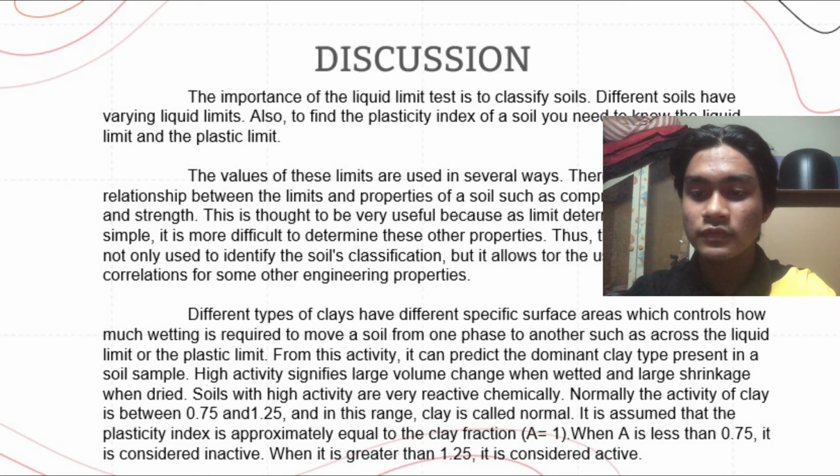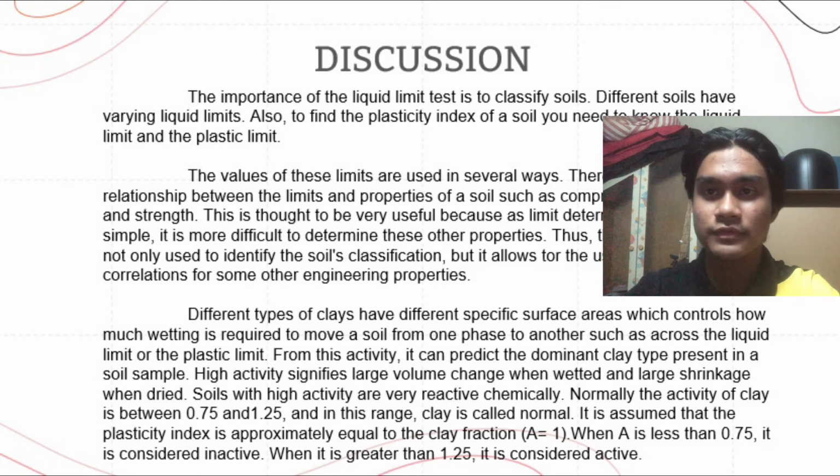Normally, the activity of clay is between 0.75 and 1.25, and in this range, clay is called normal. It is assumed that the plasticity index is approximately equal to the clay fraction when A equals 1. When A is less than 0.75, it is considered inactive. When it is greater than 1.25, it is considered active.